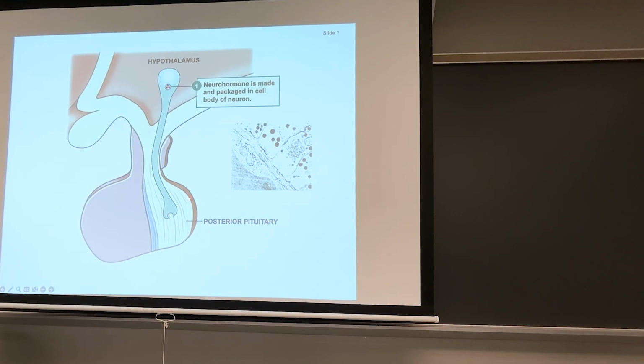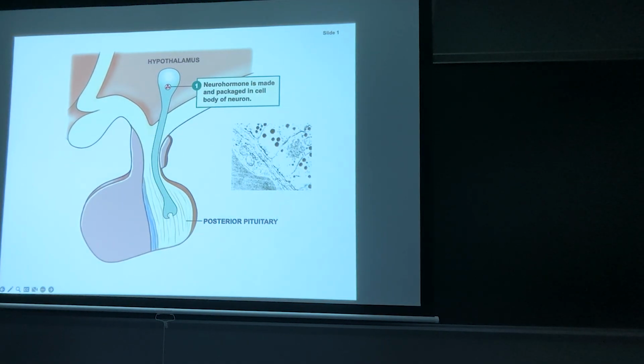When you look at the ends of the axons, I know this is hard to see because it's a very light image, these are the ends of the axons here, and this is the wall of a capillary, and this is the lumen of the capillary, and these little dark circles are vesicles that hold the neurohormones, and then they release those neurohormones into the blood supply.